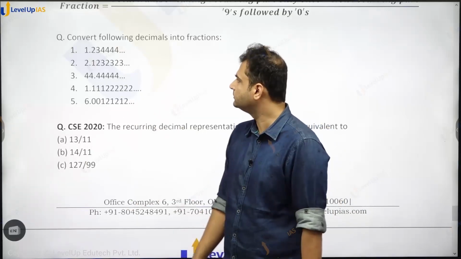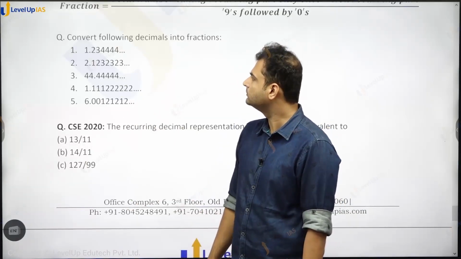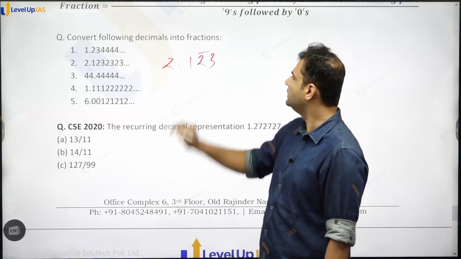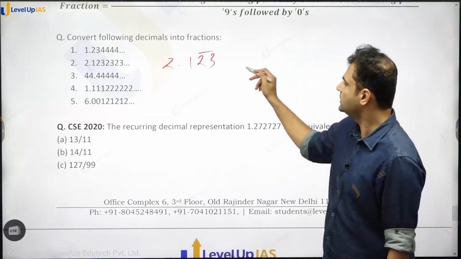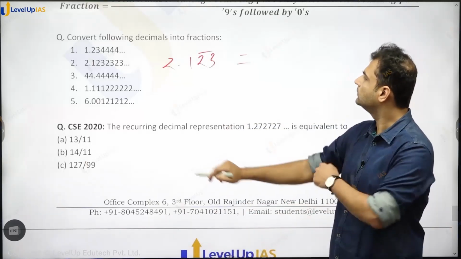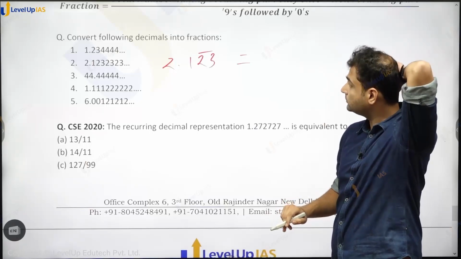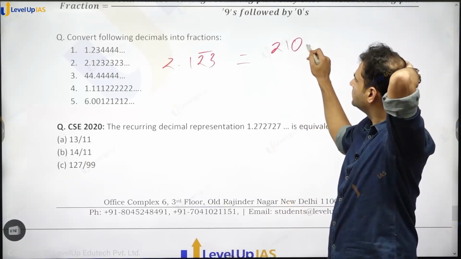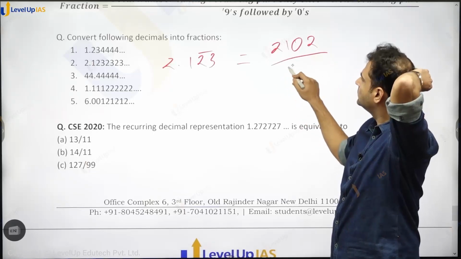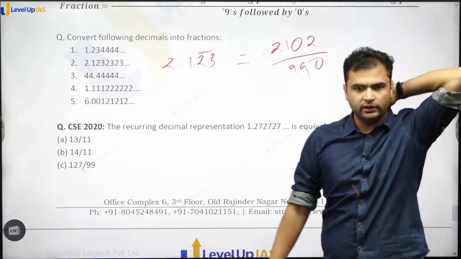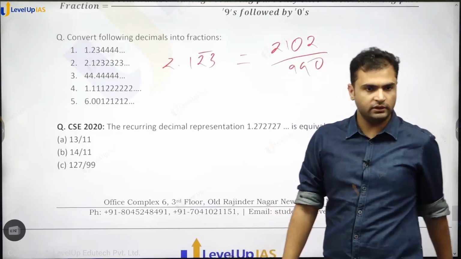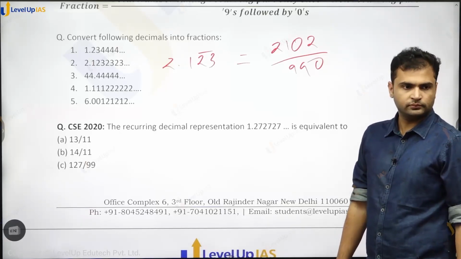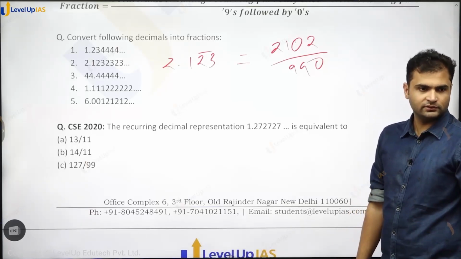सेकंड, this is 2.123 बार. What is this equal to? ये है, यही है ना? क्या गलत हो गया? सही है.